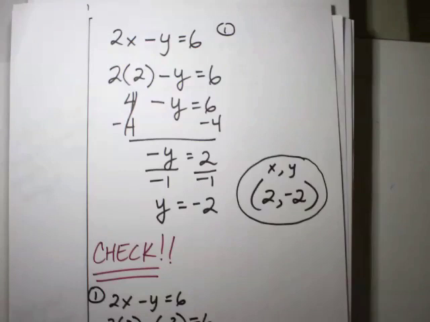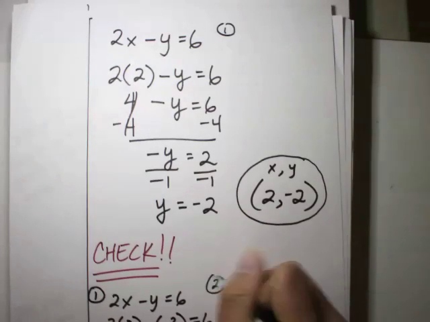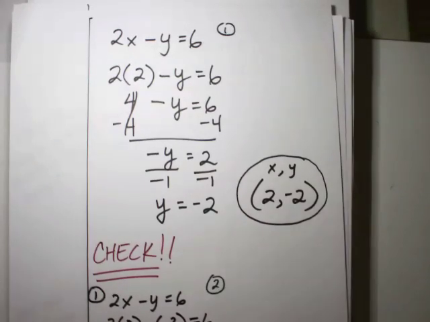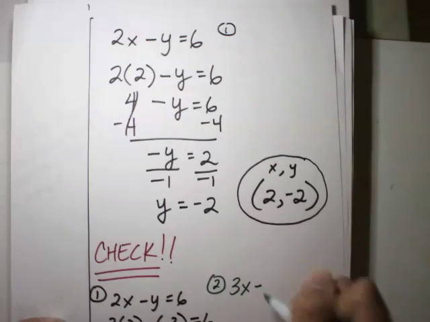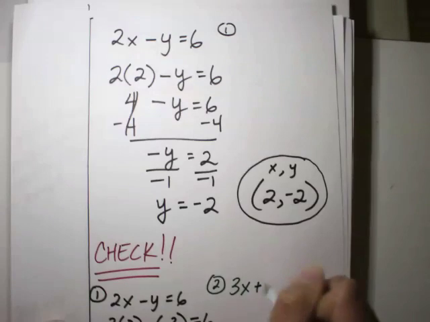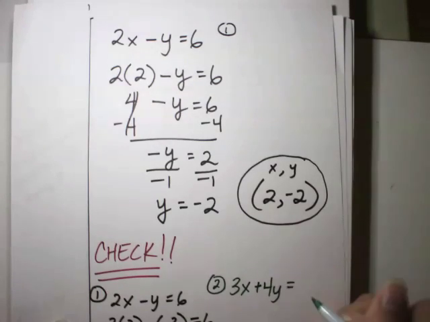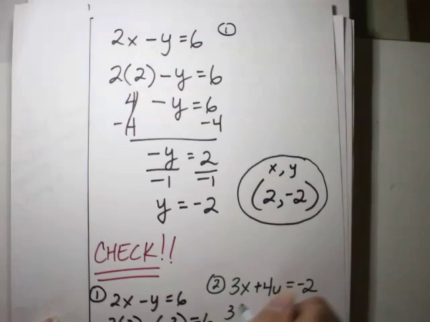And we also want to substitute into the second equation to ensure that we have the correct solution. So equation number 2 was 3x plus 4y equal to negative 2. Okay, so instead of x, we're going to substitute in 2.